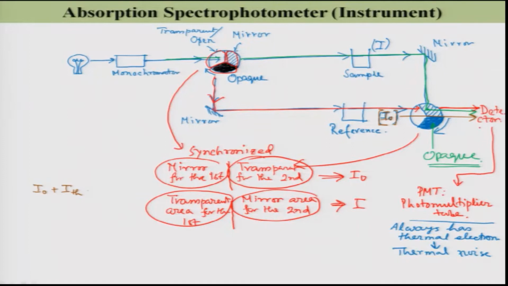In the reference channel, the intensity is I0 plus ITH. In the sample channel, the intensity is I plus the thermal electron contribution ITH.